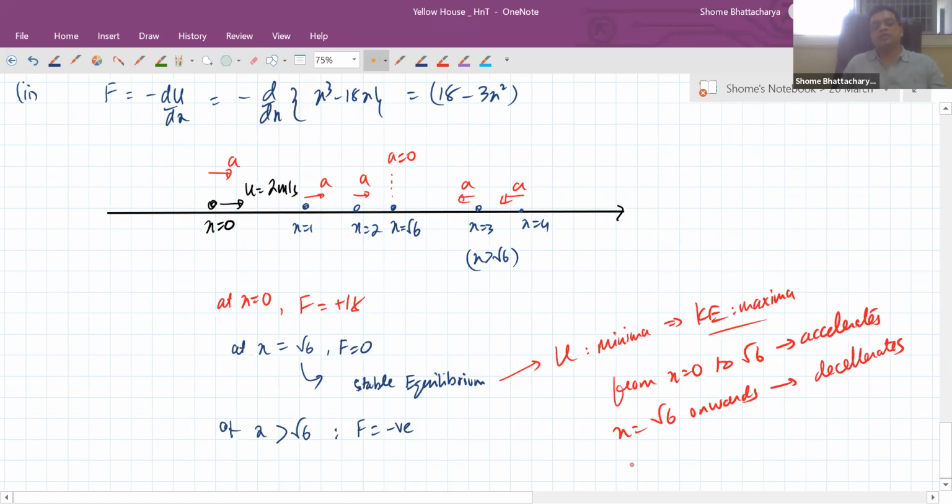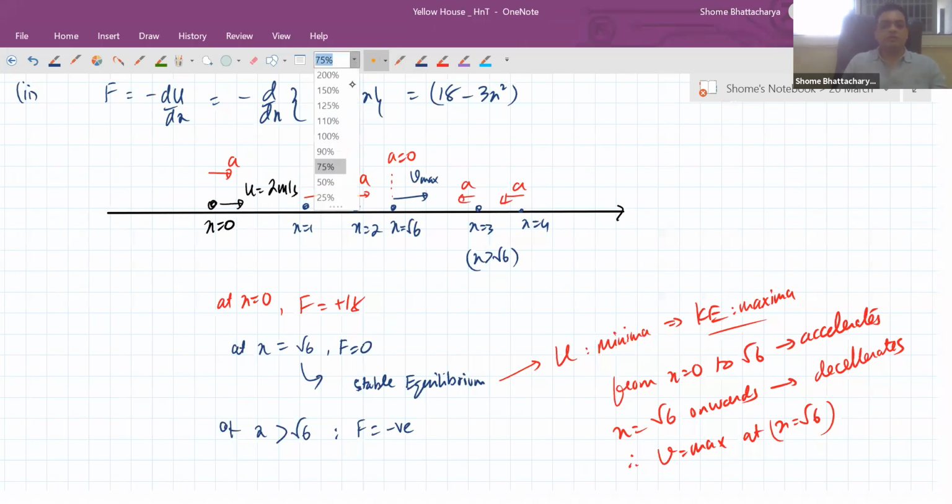So obviously it makes sense that therefore V is maximum. So kinetic energy is maximum at x equal to root 6. So that is what will help us understand the maximum kinetic energy. By the time it reaches here, whatever its speed is, this will be maximum, because after that it starts decelerating.